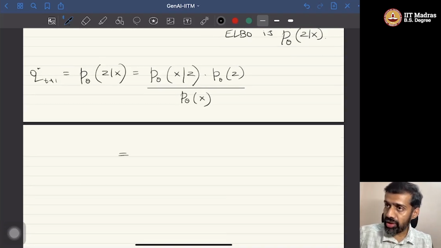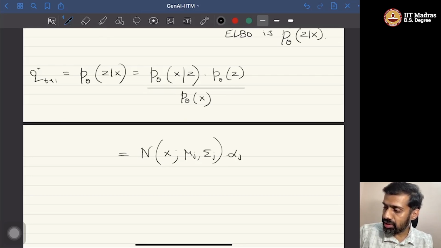We have all of these for a GMM, right? So p theta of x given z is a normal distribution with mu j and sigma j as the parameters, and p theta of z equal to j is simply alpha j. Divided by, so what is p theta of x in a GMM?